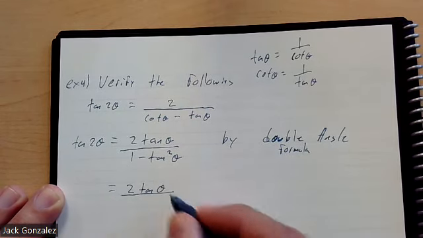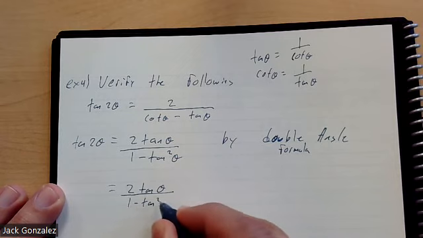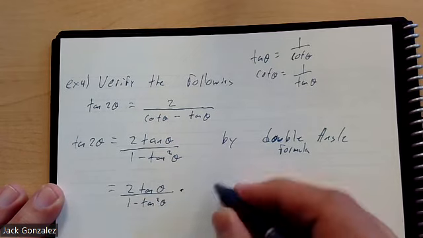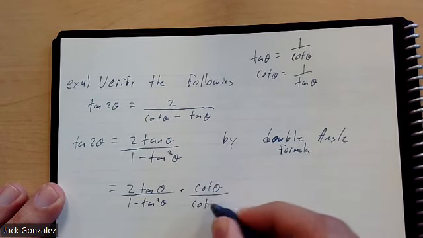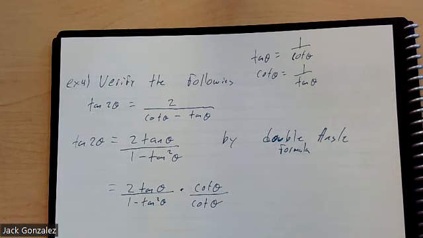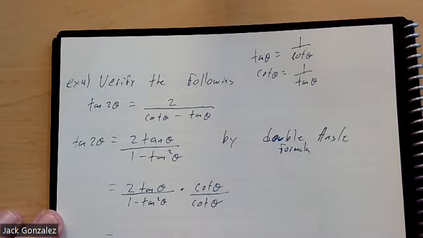That's the thought process. I'm just trying stuff. Is that the best way? I don't know. It might be another way that I don't see. So I'm going to purposely multiply by cotangent over cotangent. You can always multiply by any form of 1 except 0 over 0. So you can always choose whatever you want here to do your manipulation.